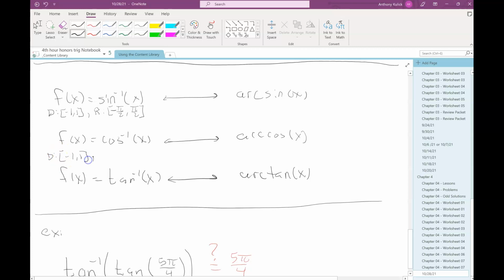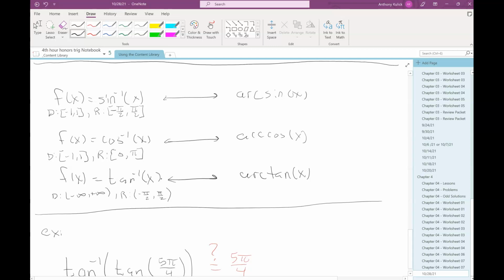Cosine has the same domain, but its range is from 0 to pi. And tangent's domain is all real numbers, but its range is -pi over 2 to positive pi over 2. Notice that those are parentheses on the tangent, not brackets.